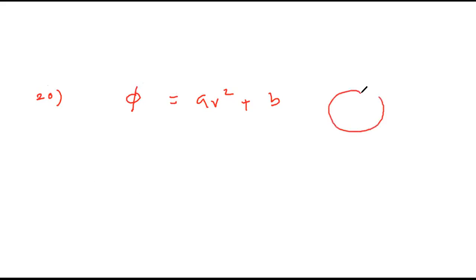So if this is a spherical ball, potential V at distance R is given by this formula, A R square plus B. Then what will be the charge density inside the ball? What is the meaning of charge density? Charge density inside the ball.